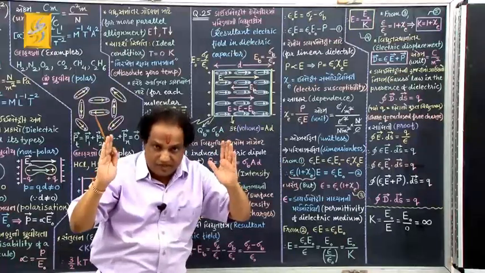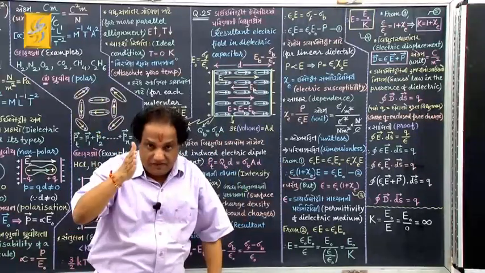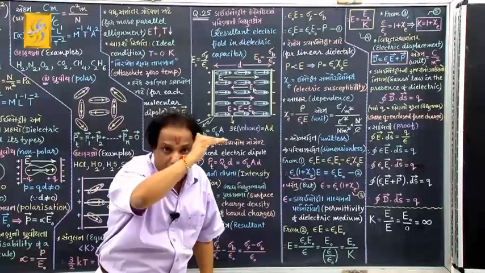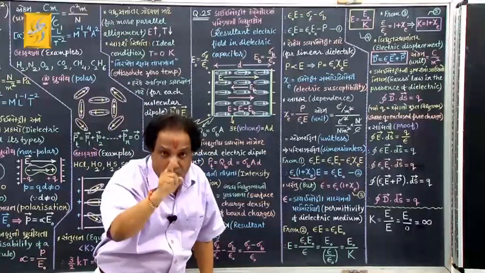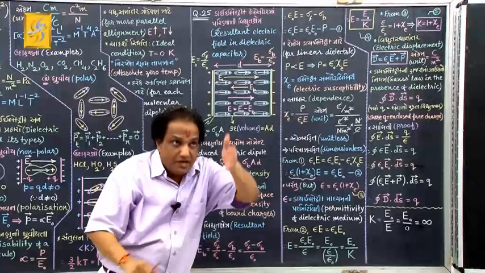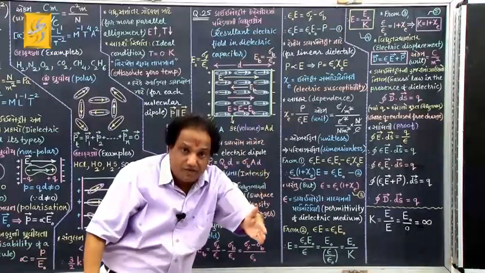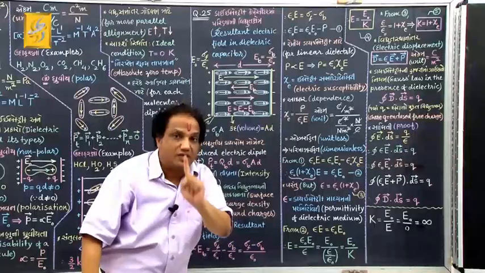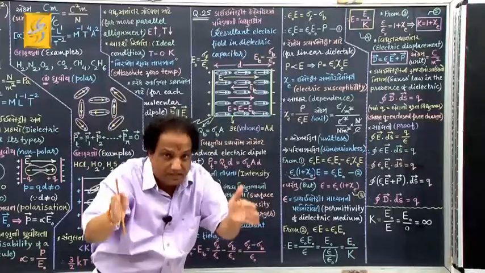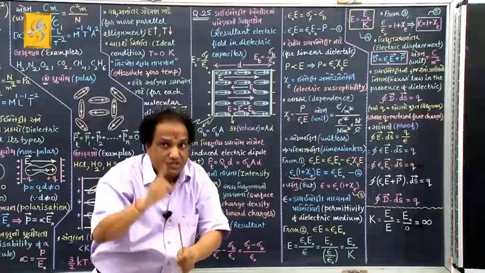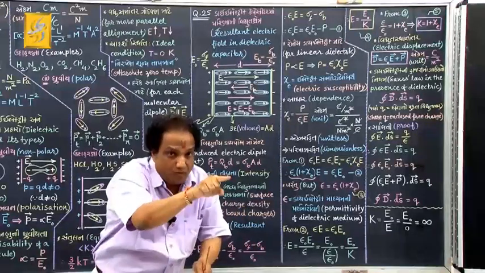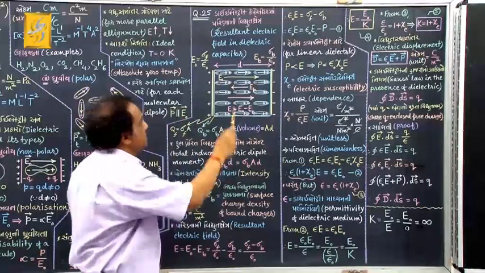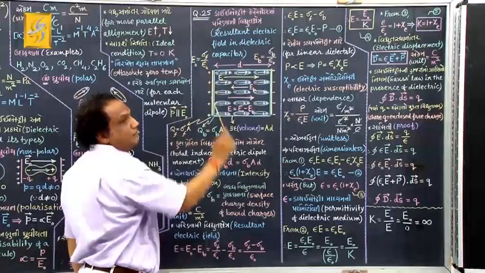In case of a capacitor, the electric field produced by the positively charged plate, from positive to negative, had magnitude sigma upon 2 epsilon 0. Similarly, the electric field produced by the negatively charged plate was also in the same direction with the same magnitude. So the resultant electric field between the charged plates was sigma upon 2 epsilon 0 plus sigma upon 2 epsilon 0, altogether sigma upon epsilon 0.